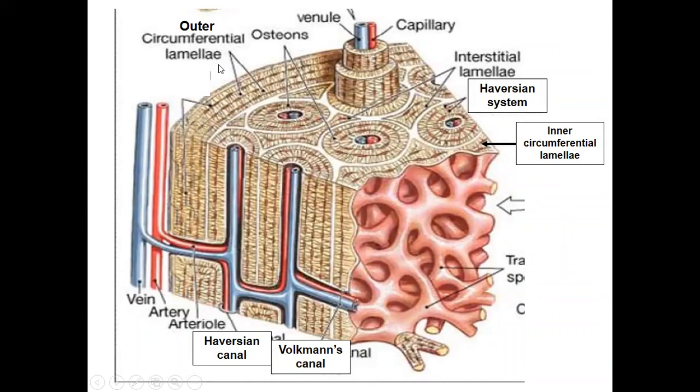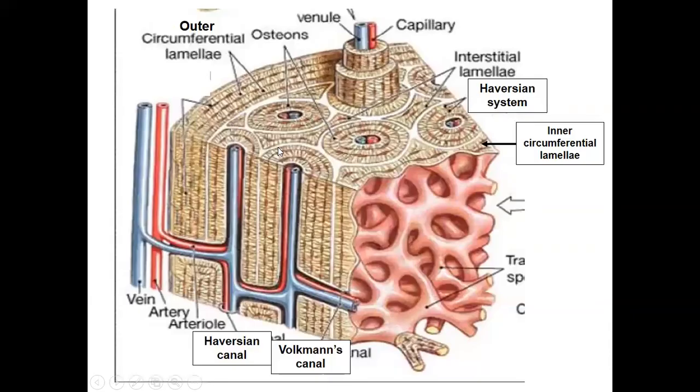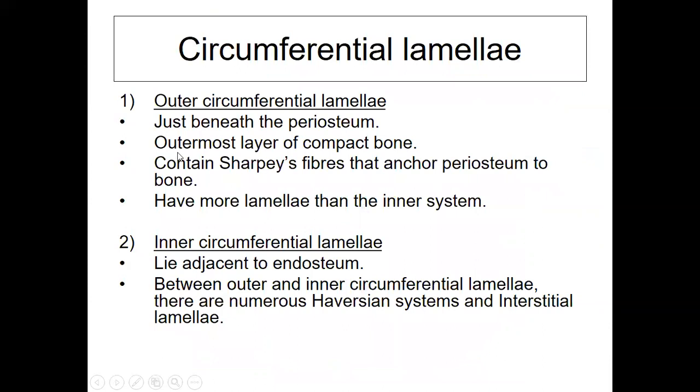Try to imagine, the outer part here we have the periosteum that covers the bone, and then here we have the outer circumferential lamella, located just beneath the periosteum. It is the outermost layer of compact bone.